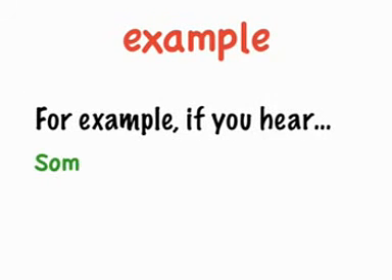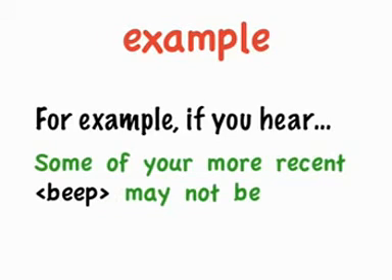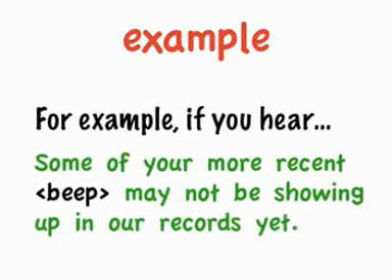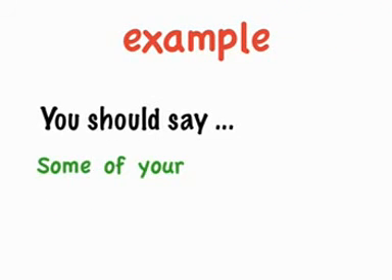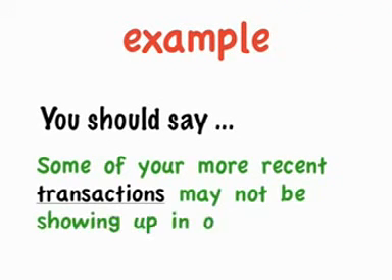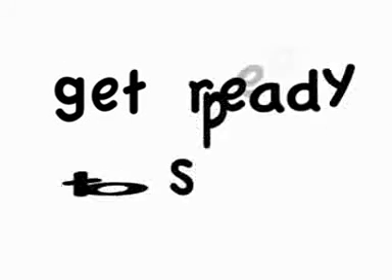For example, if you hear, "Some of your more recent, may not be showing up in our records yet," you should say, "Some of your more recent transactions may not be showing up in our records yet." We'll play an example answer after each exercise. Are you ready? Let's begin.